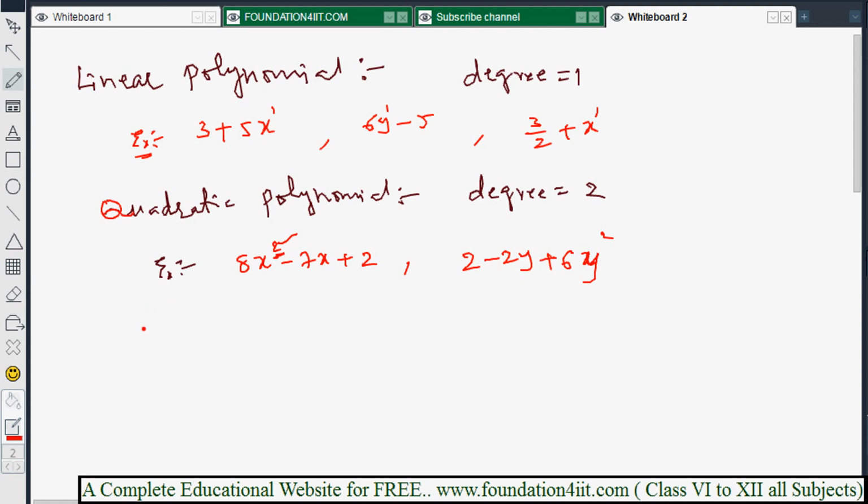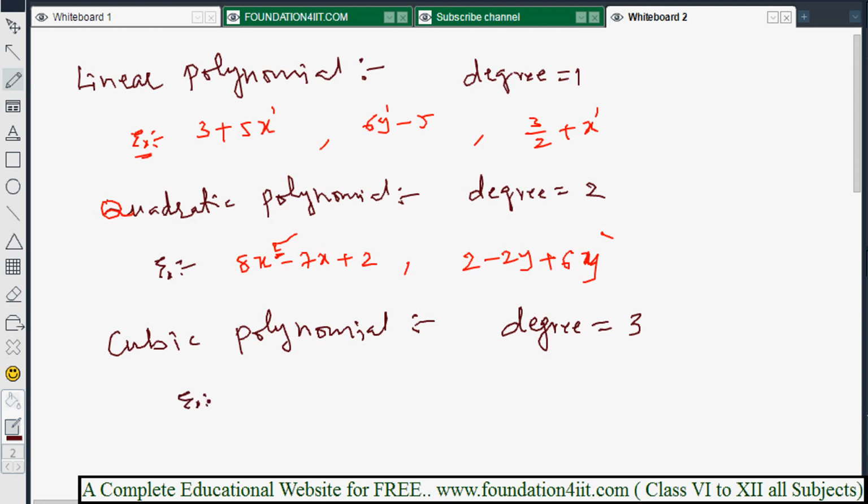Next, cubic polynomial. The word itself says cube, big. The degree is 3. A polynomial of degree 3 is called a cubic polynomial. That means the highest power is 3.